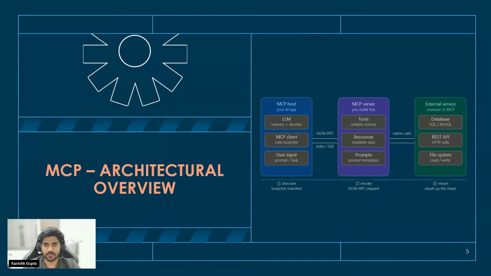This is what the MCP server wraps, right? So it could be anything. It could be a database. It does not care if it's a relational or non-relational database. It could be a REST API. It could be a file system that's responsible for reading or writing any of the files, standard input-output operations here.